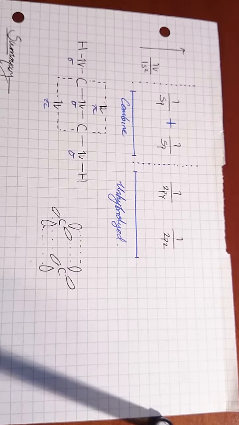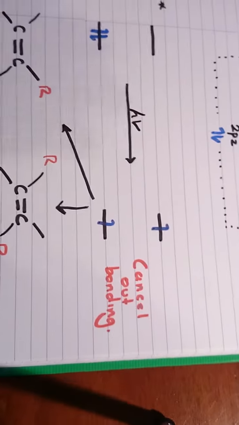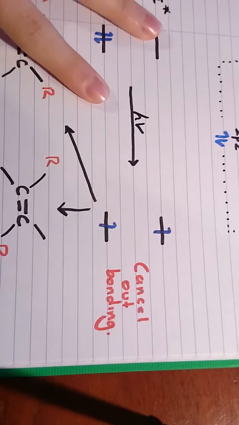The consequence of this locking effect is that there will be 2 isomers, cis or Z, and trans, known as E-alkene. Let me illustrate this here for more convenience.